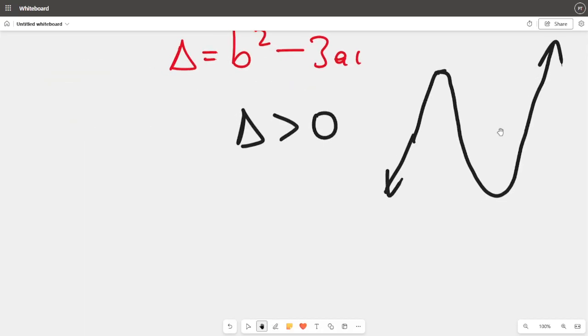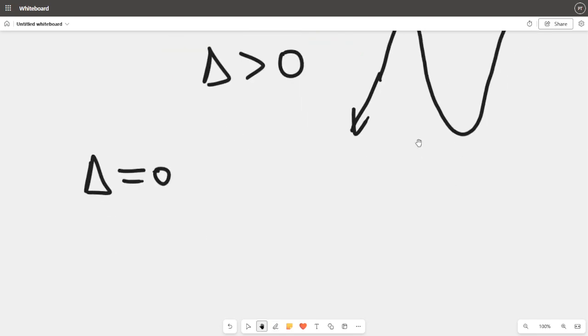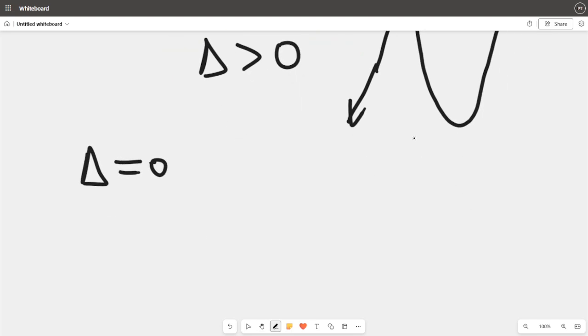Another thing I want to clarify is if the discriminant is equal to 0 exactly, that means the cubic function will in fact have one turning point, which is at the point of inflection.